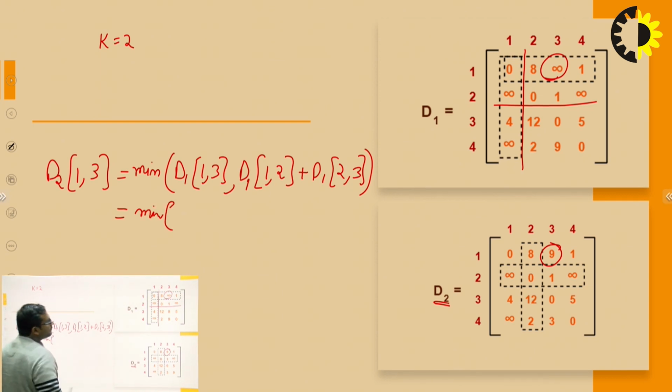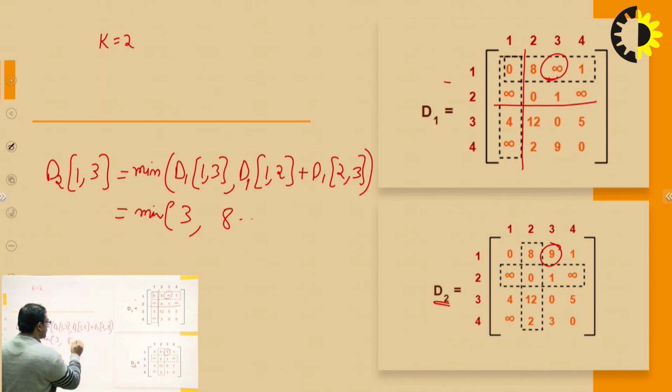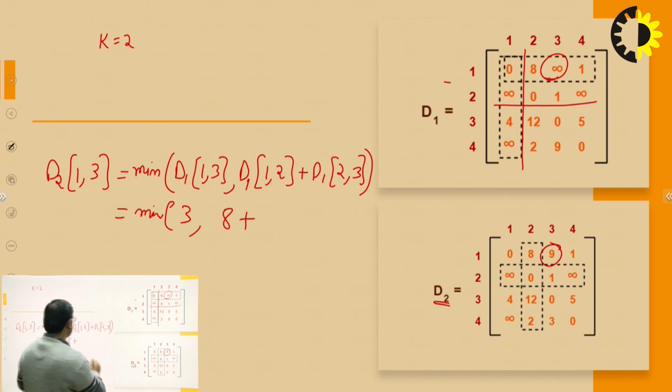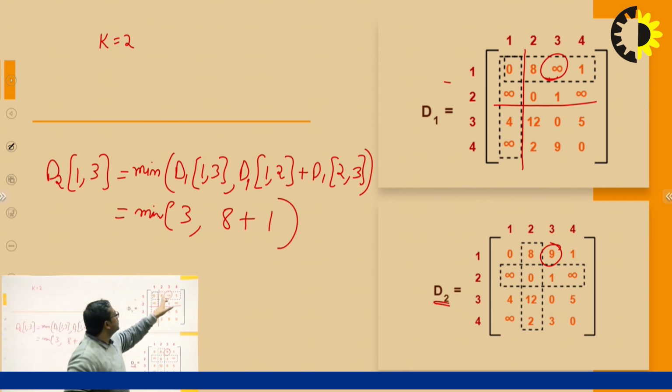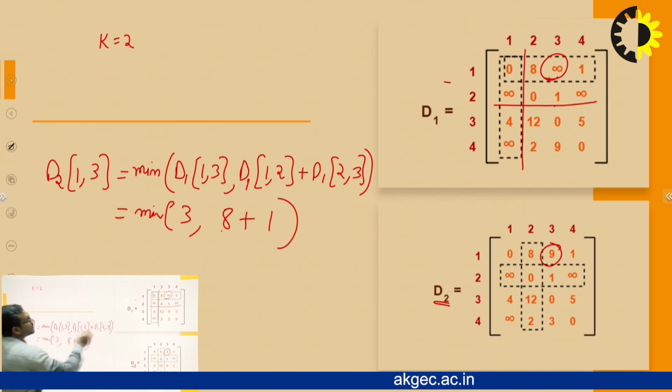D1 1 3 is infinity, comma D1 1 2 is 8, and D1 2 3 is 1. So I have taken 8 plus 1, that is 9. Oh sorry, D1 1 3 is infinity.